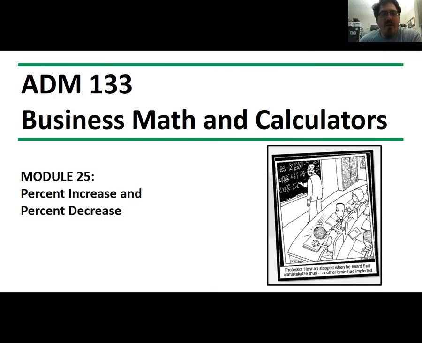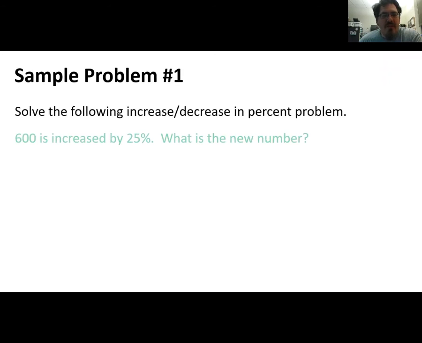All right, so we're going to talk about percent increase and percent decrease. Let's start with the first sample problem. In this problem, 600 is increased by 25%. What is the new number?